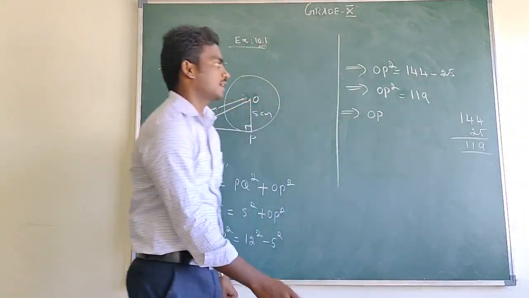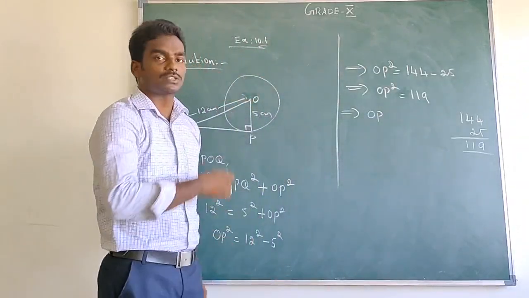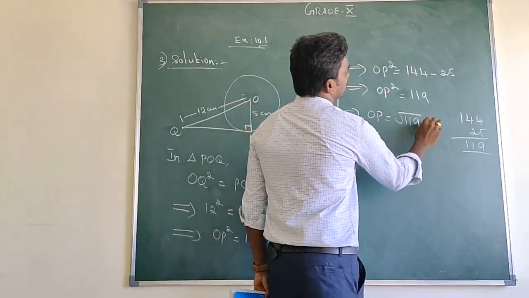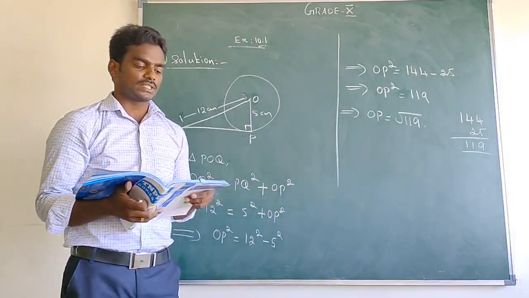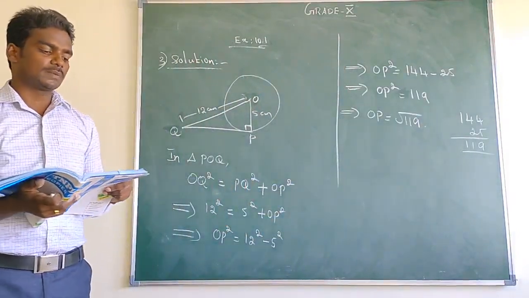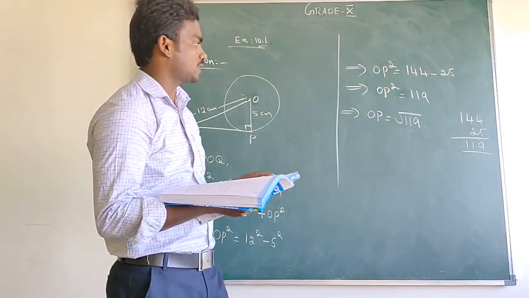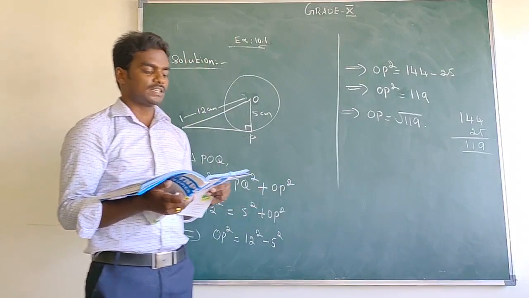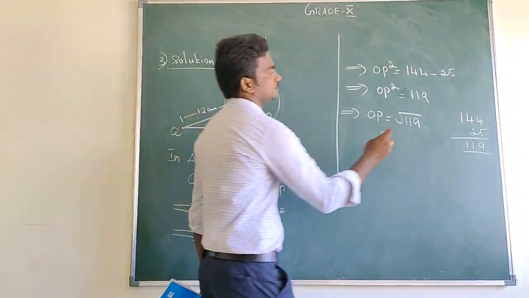OP square is 119, so OP is the square root of 119. Now the options: A is 12 cm, B is 13 cm, C is 8.5 cm, and D is square root of 119 cm. So option D is the correct answer.